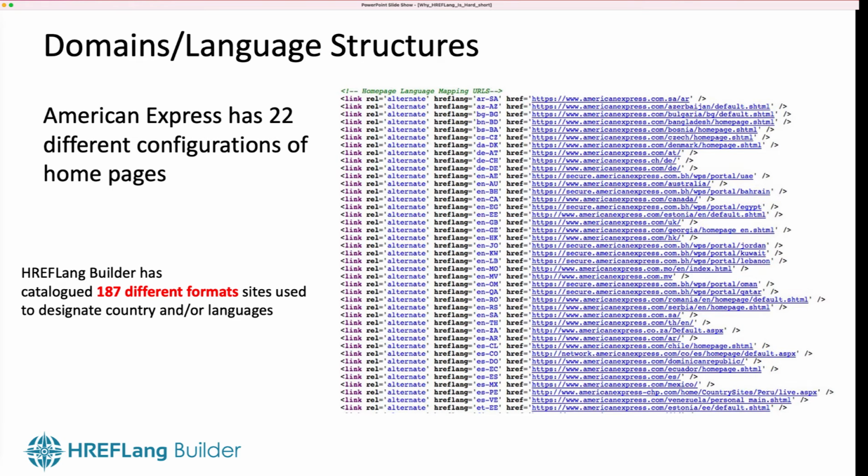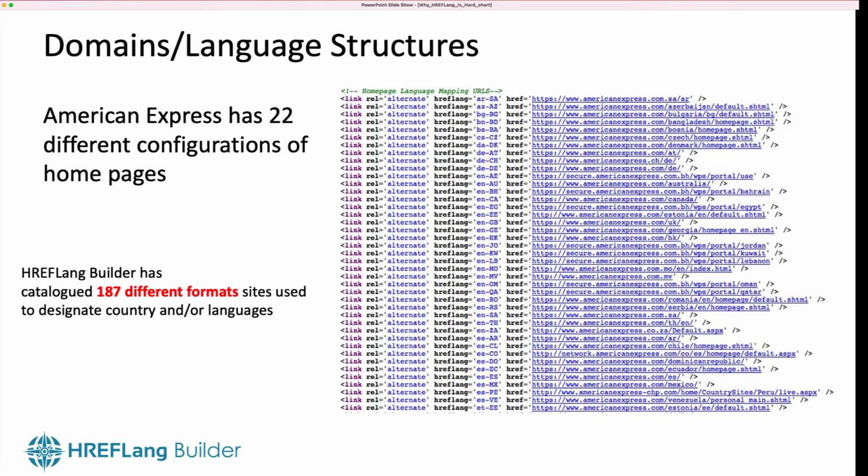So that's one of the things we'll talk about in a moment. But this is why HREFLang was developed in the first place, is because we have these complex structures, and there is no way for any search engine to understand what country or language, because HREFLang is language centric, but what language and what country or region your content is in.